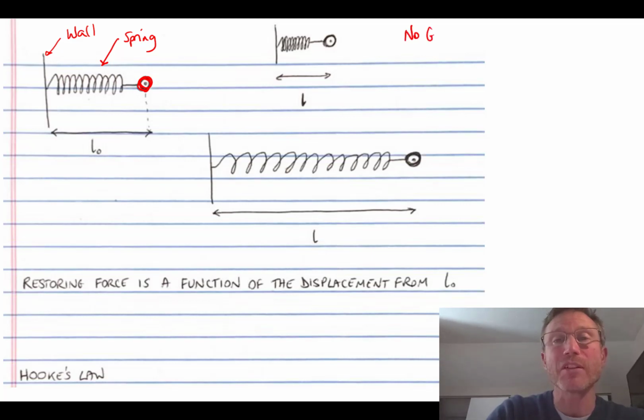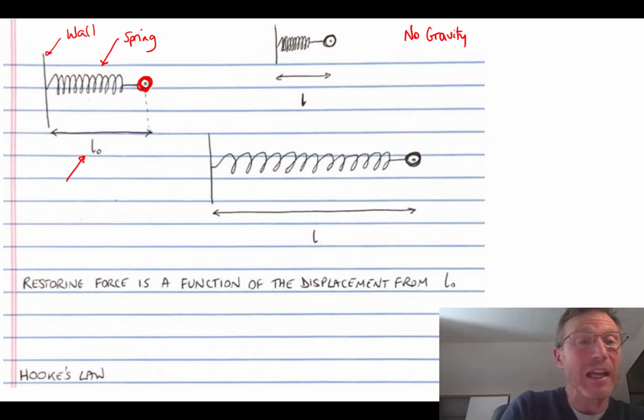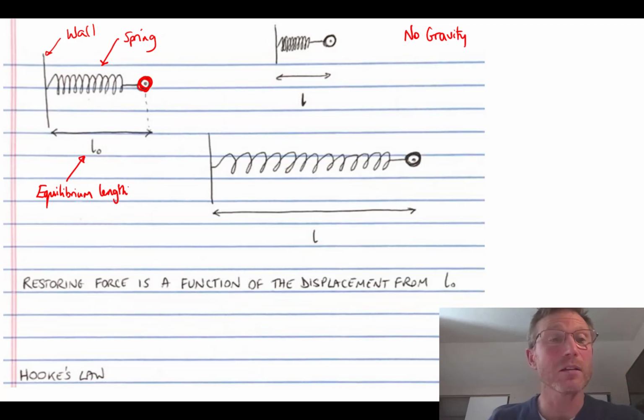So we're going to remove gravity from this particular situation. We have an equilibrium length. We're going to call that L sub naught.